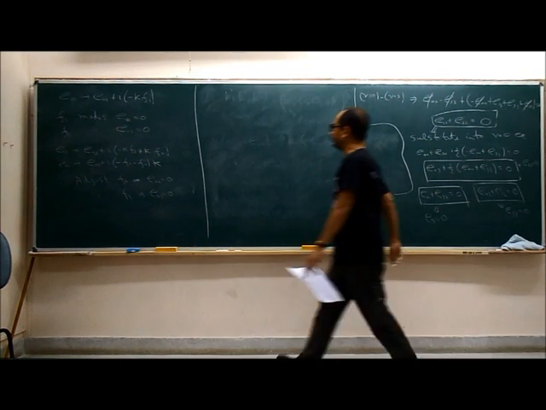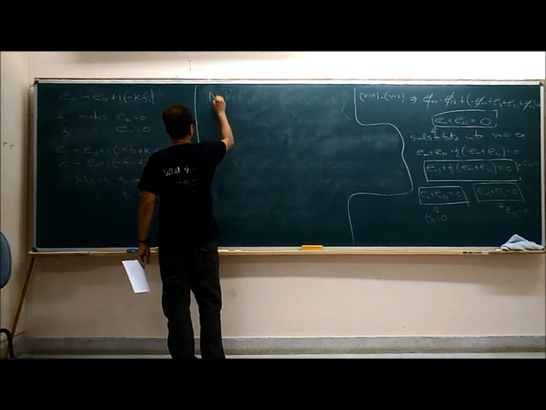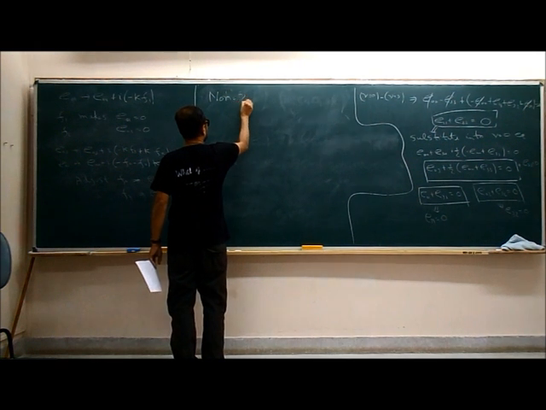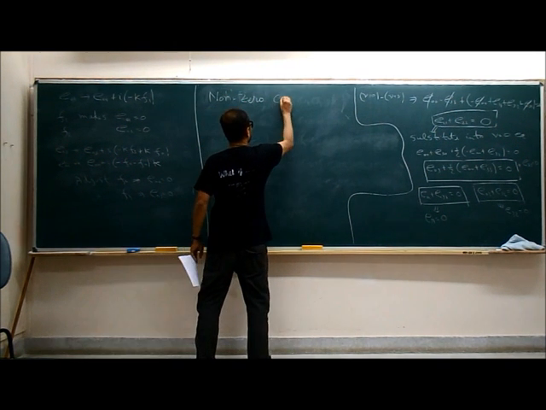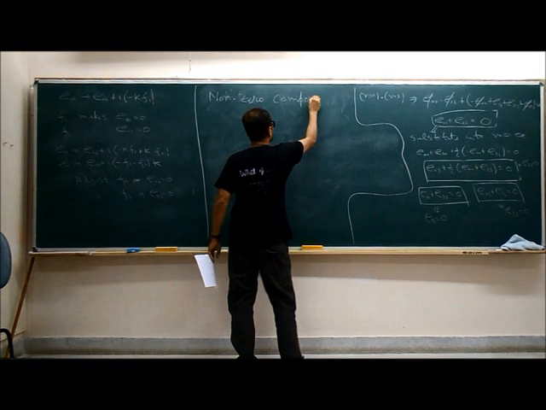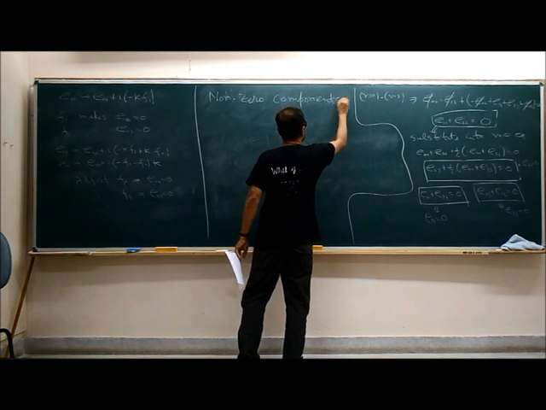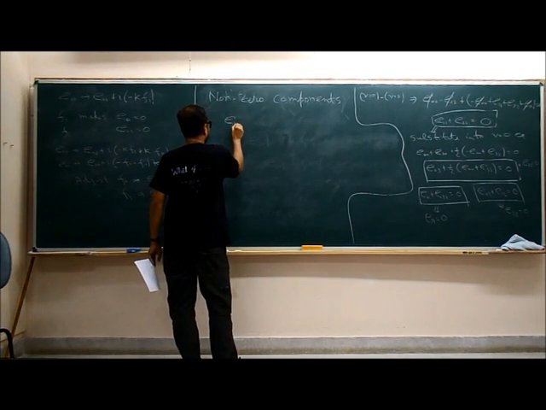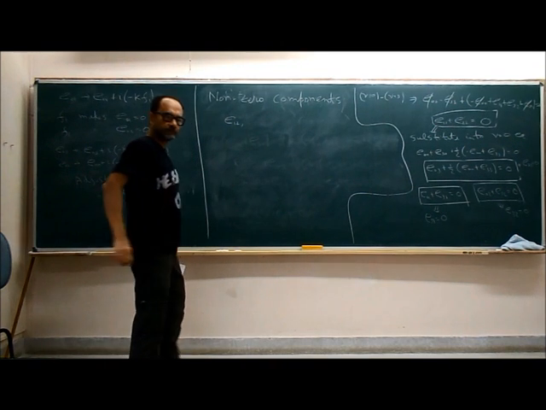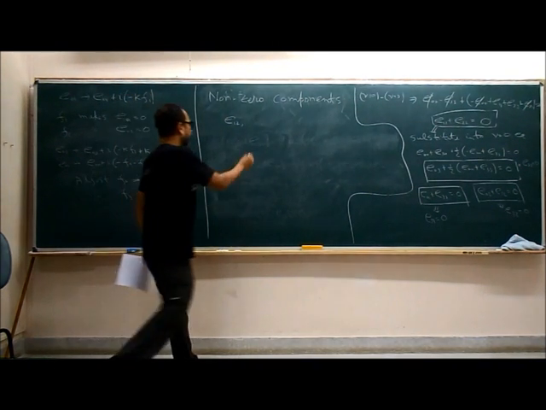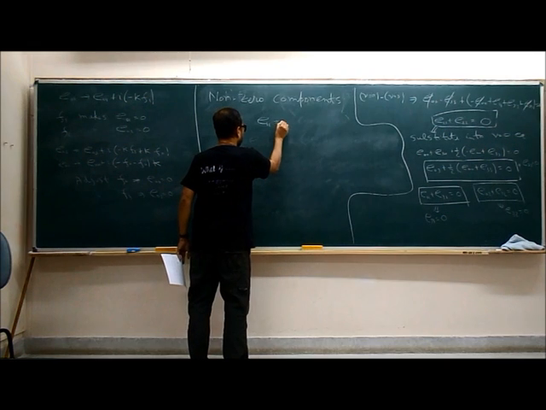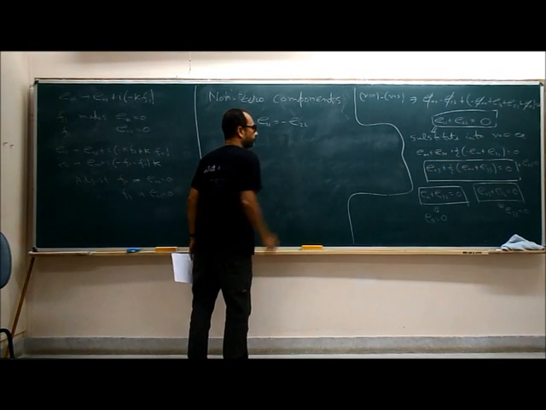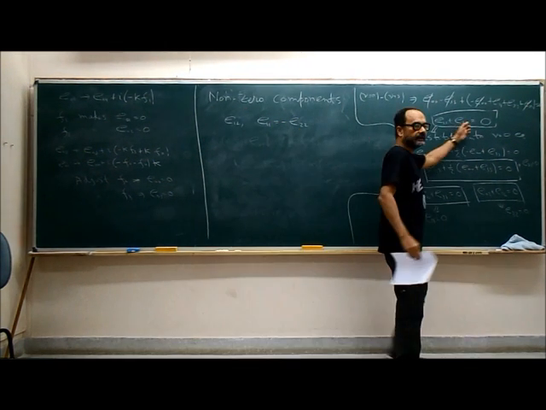So what you are left with are the non-zero components E11, E22 and E12, and E11 is equal to minus E22 by this relation.